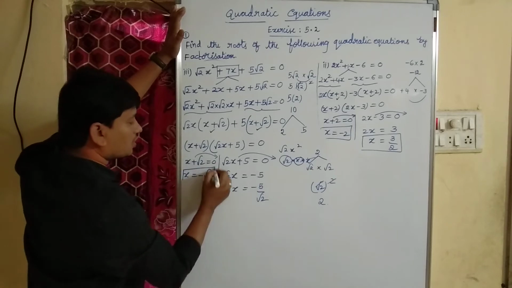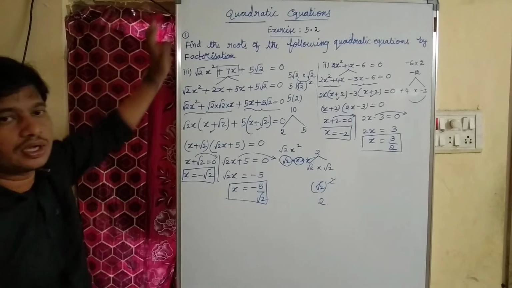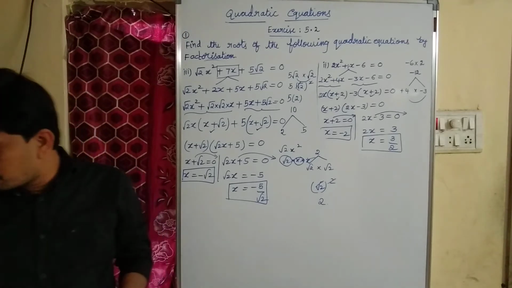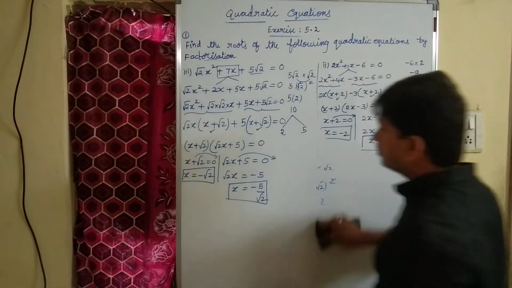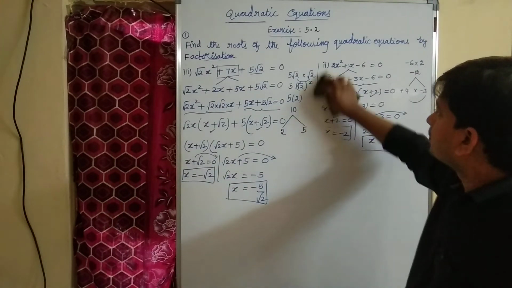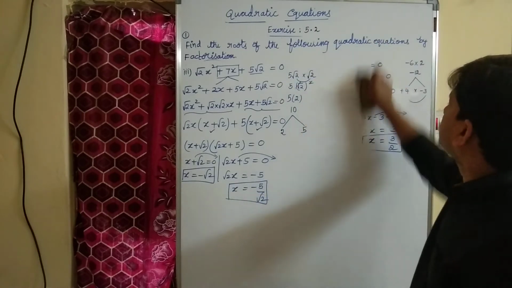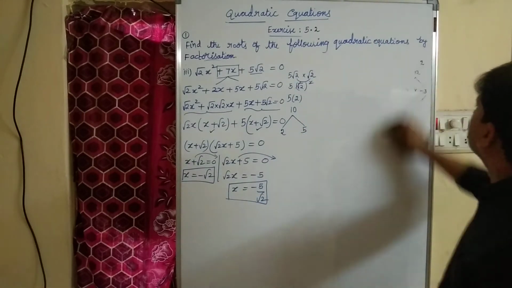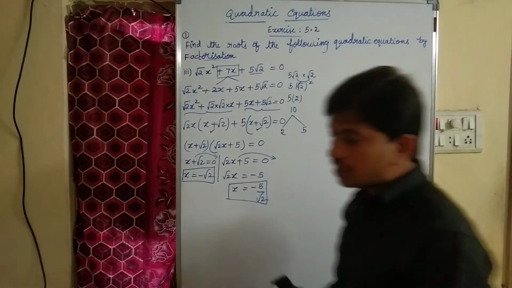So what are the two possible roots of the quadratic equation? One is x = -root 2 and the other is x = -5/root 2. Children, I hope you understood this question. Don't think that because roots are there, it is a tough sum. It is an easy question, but we have to practice it once. Okay, that is our third question.